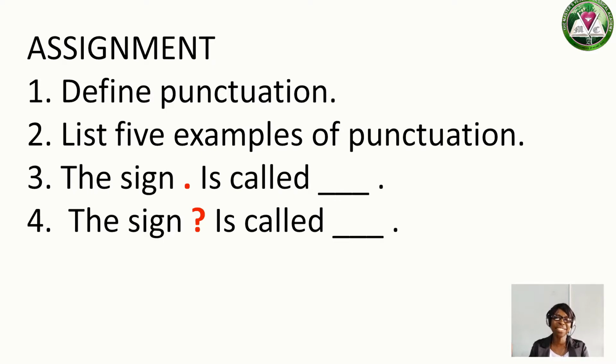Can you say the sign in red? I don't know. I will not mention it. The sign is called dash. Number 4, the sign, I will not mention the sign, is called dash.